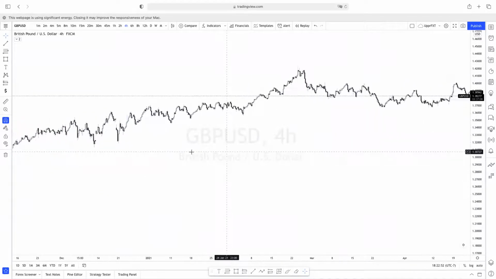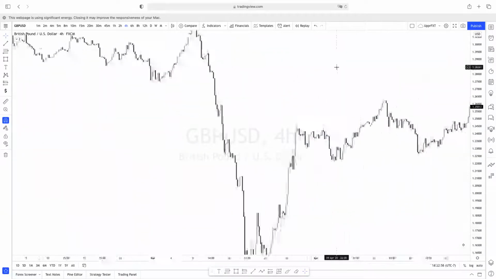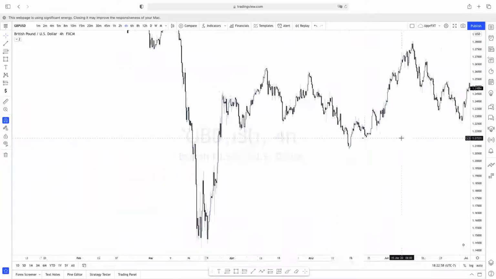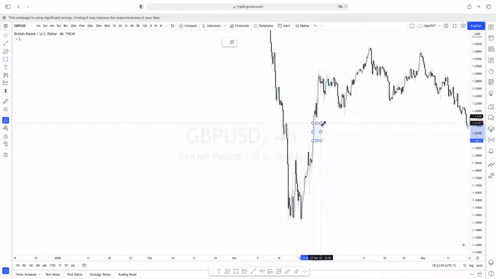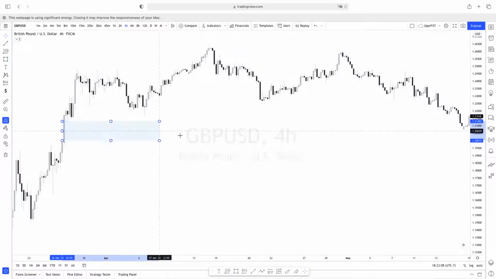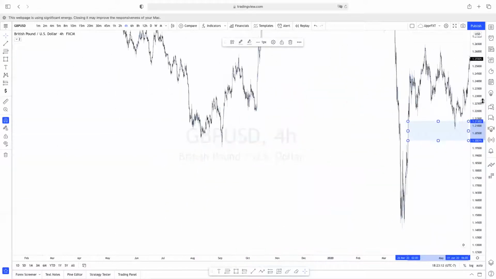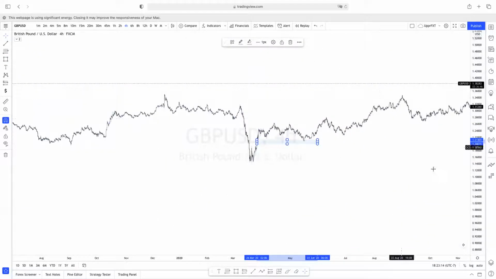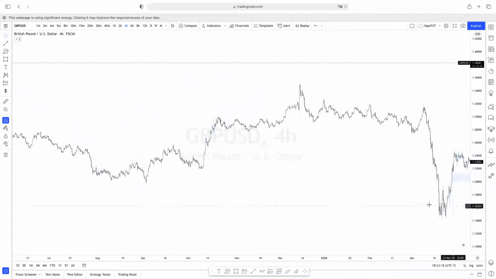Let's go ahead and keep looking for some more. Okay, beautiful. Imbalance, right? These wicks. Mitigation. Continuation with it, and then the imbalance.